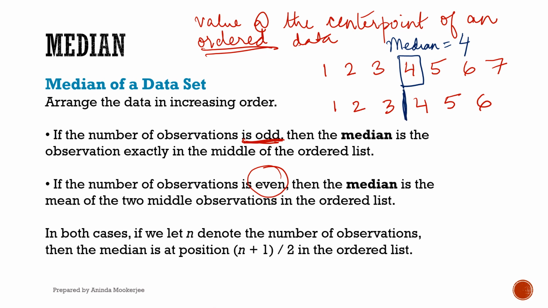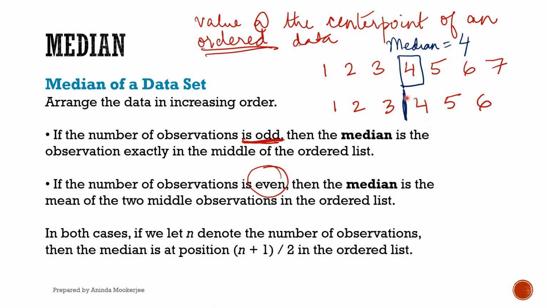So the median will not be a value in the data set, but it will be between 2 data points in your list. In this case it will fall between 3 and 4. And we will also go over how to find the position of the median, where it will be located.